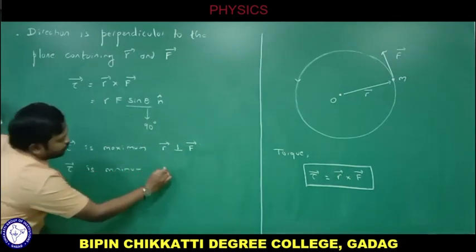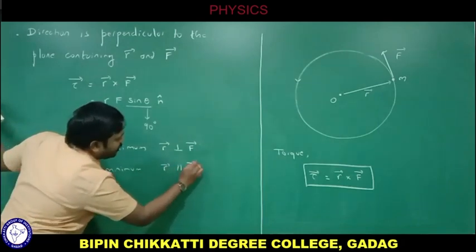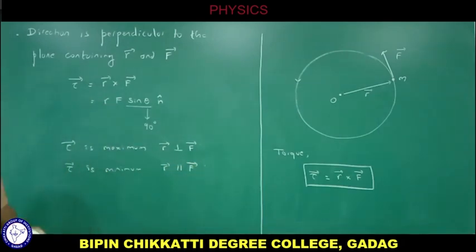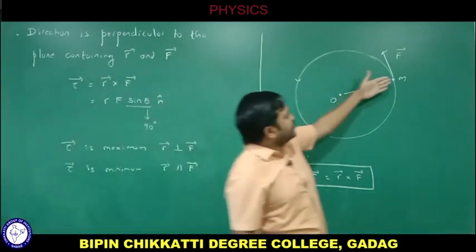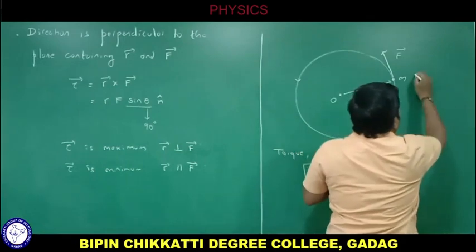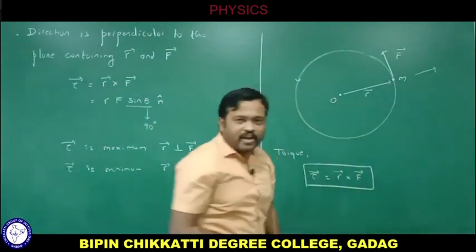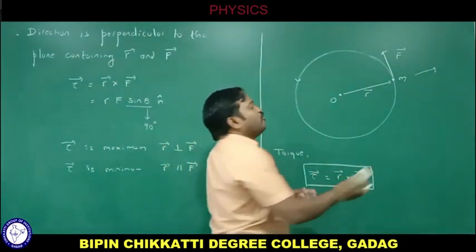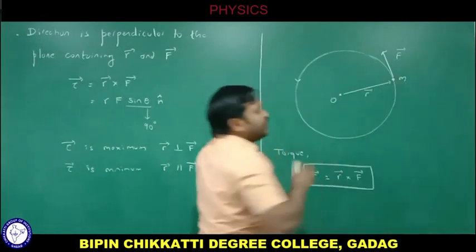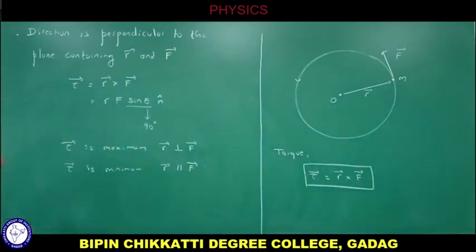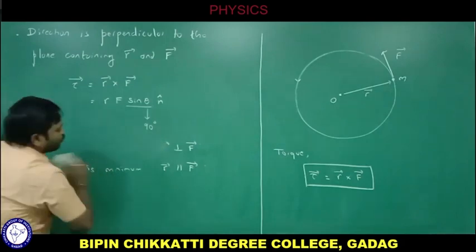Torque is minimum when R is parallel to F. If I take the force in this direction, will the body rotate? No, because the torque at this time is 0. Do remember, torque is maximum when R is perpendicular to F, and minimum when R is parallel to F.